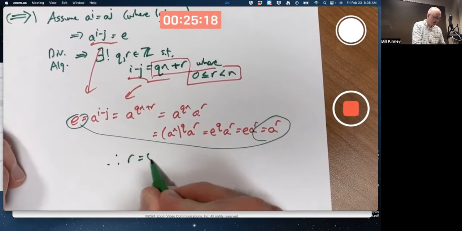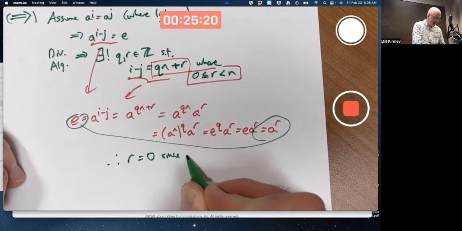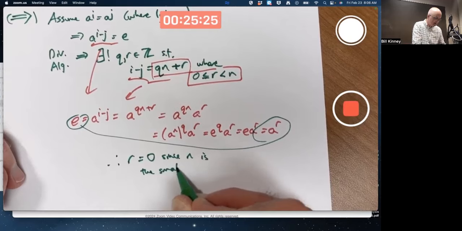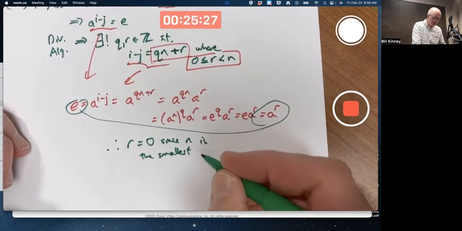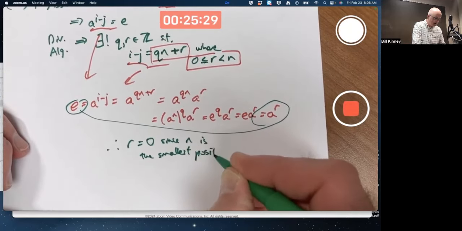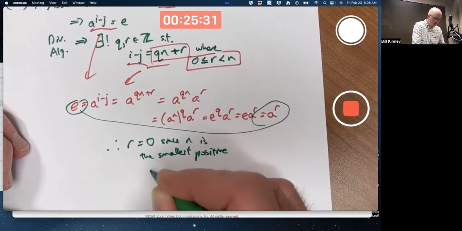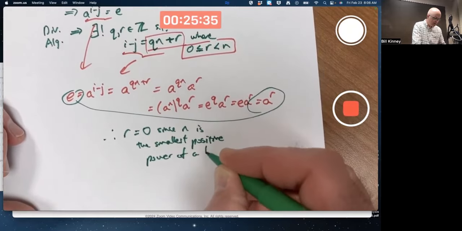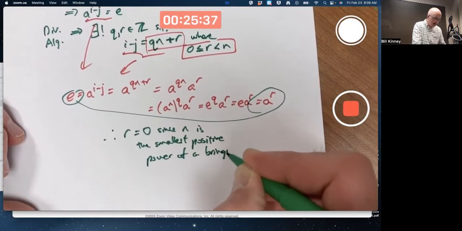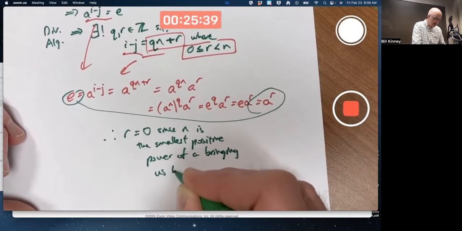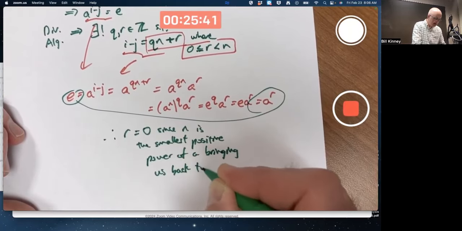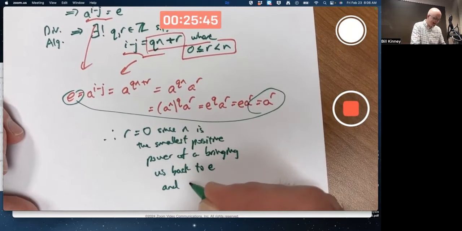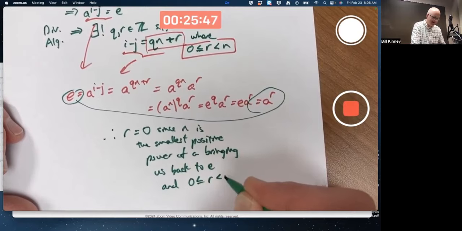Therefore, r equals 0 since n is the smallest positive power of a bringing you back to e. And r is smaller than n.